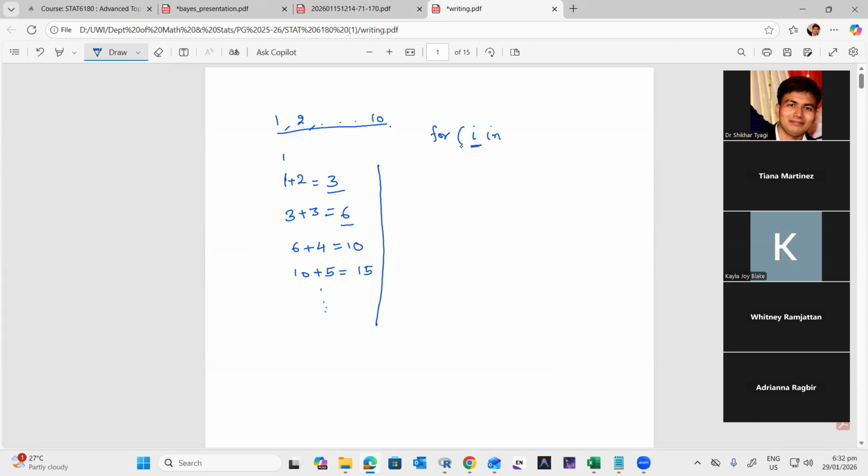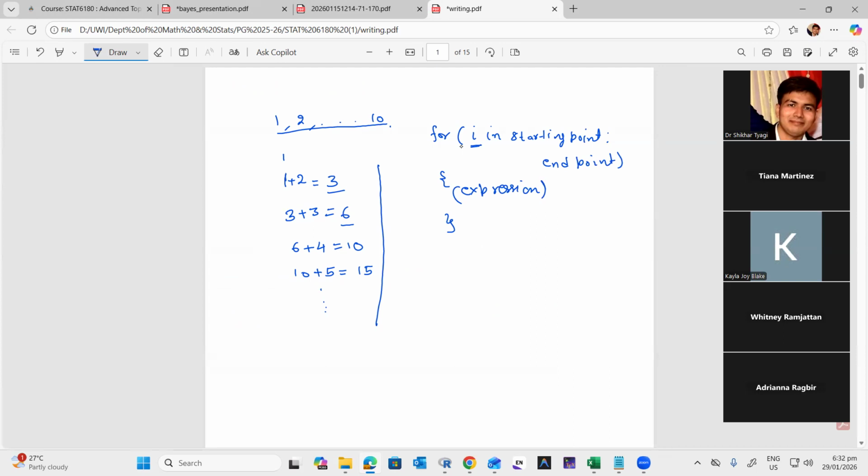So the starting point, semicolon, end point, where you want to end the for loop, and then the expression. Okay, and close it. So that is your for loop.